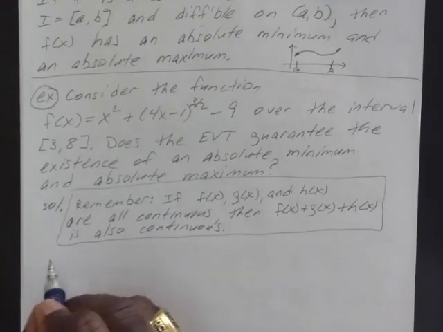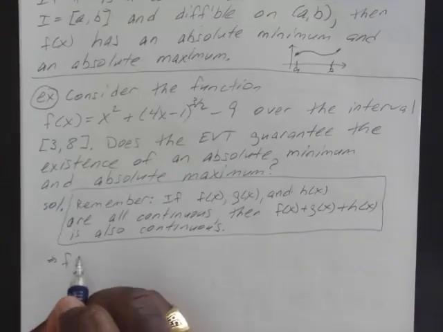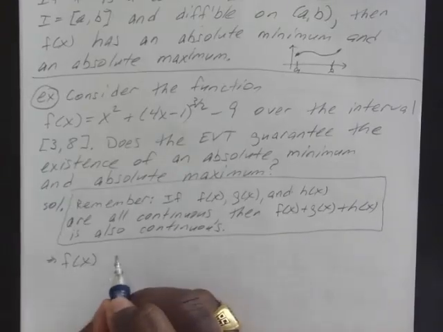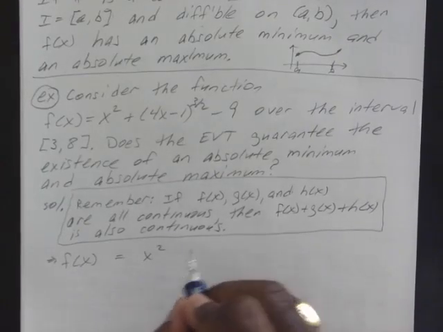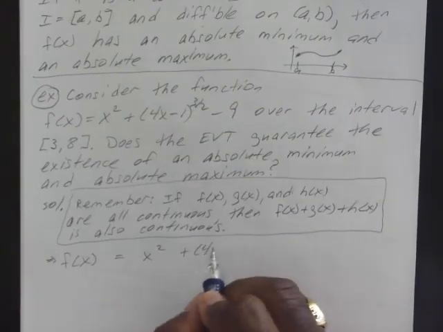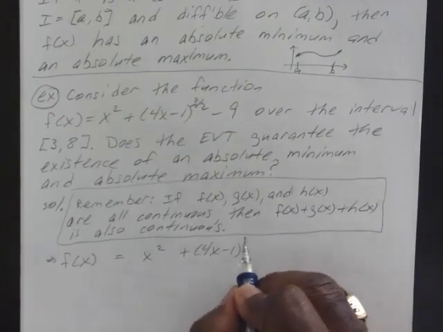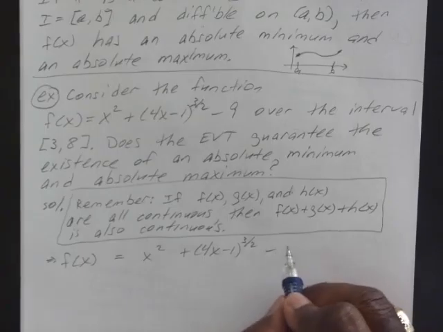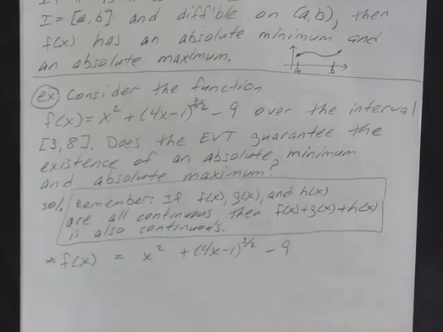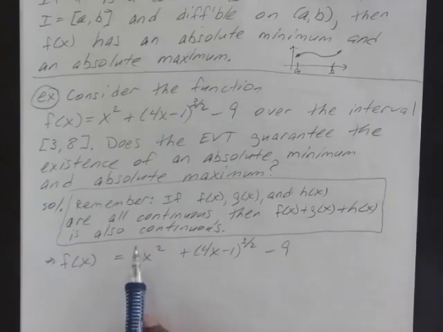Okay, so what we have to do is we have to see for f of x equals x squared plus (4x minus 1) to the 3/2 power minus 9, if each and every one of those terms are continuous on that interval. Okay, well, let's look at x squared.